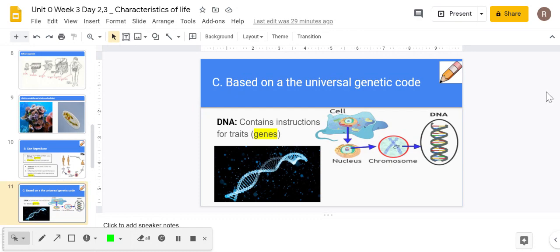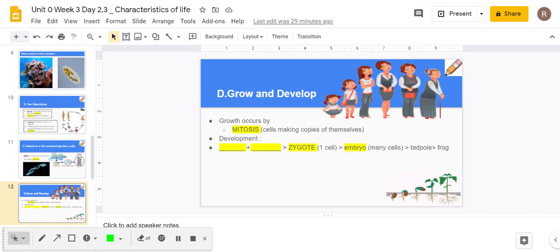Okay, the next one on our list is that a living thing needs to be able to grow and develop. Going from a little baby to an adult to maybe a grandma or grandpa, or an older organism.